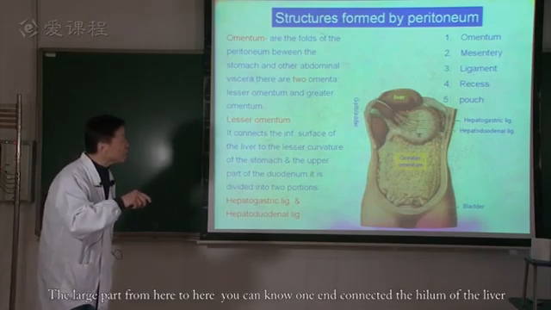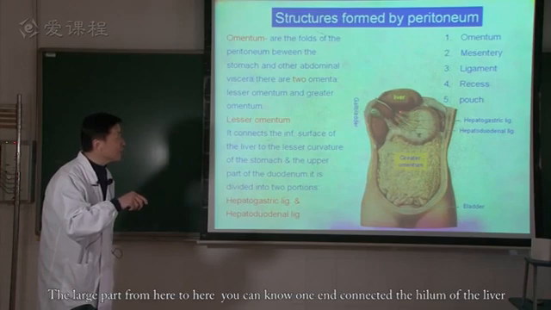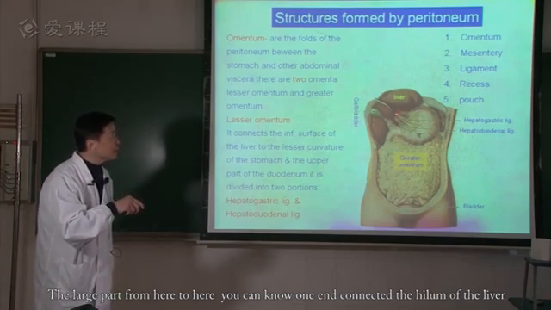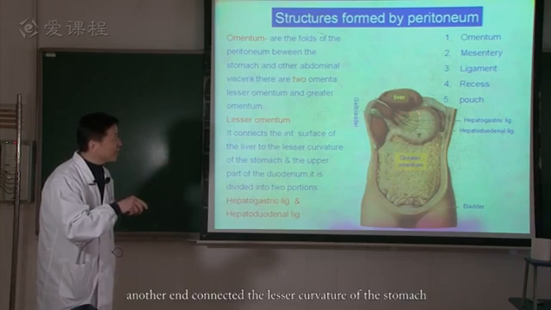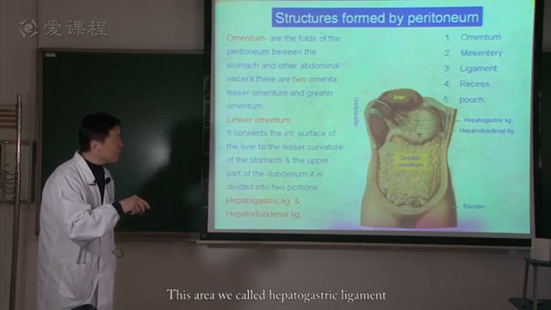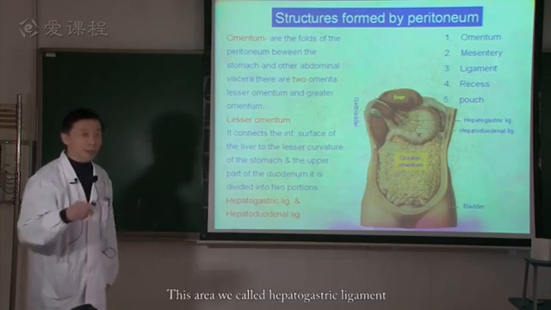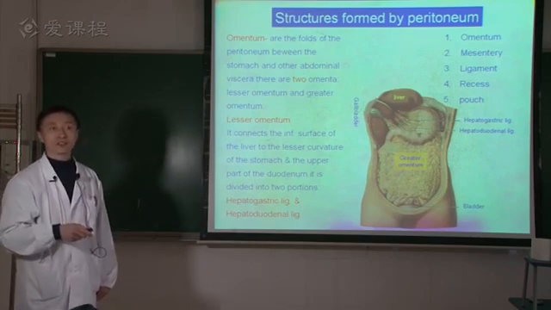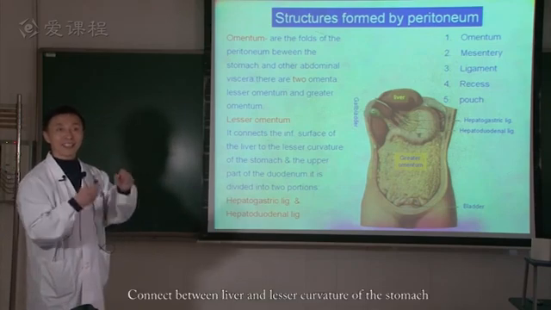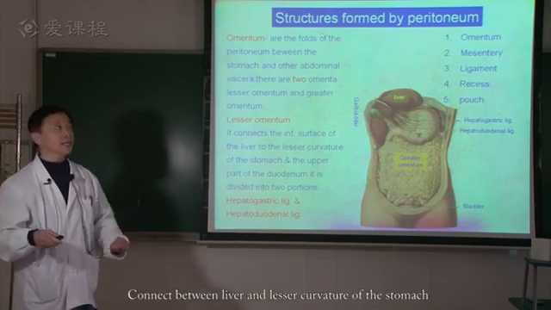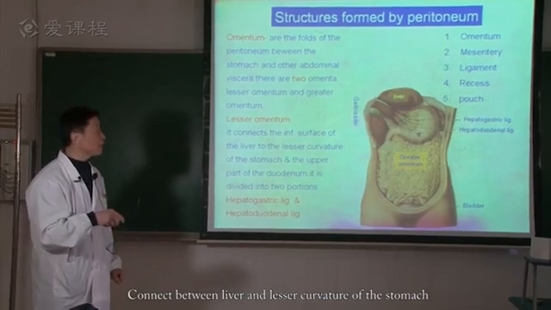The larger part from here to here, you can see one end connects the hilum of the liver, another end connects the lesser curvature of the stomach. This area we call the hepatogastric ligament, between the liver and lesser curvature of the stomach.